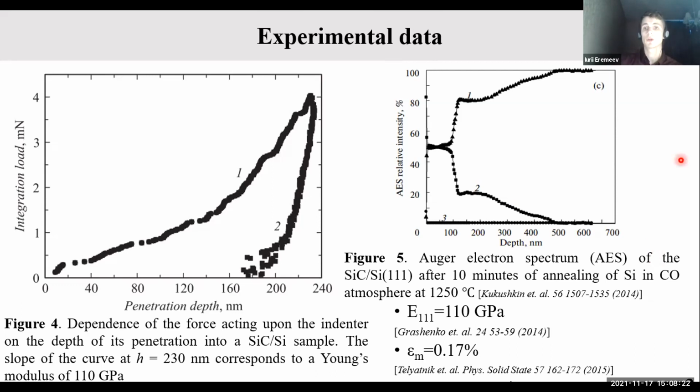We see the non-monotonic dependence of the signal, which means that SiC is grown on the porous surface with different thickness. Next, the residual mechanical strain in the SiC layer is low, about 0.17%. And the average porosity of the porous layer from the SEM images is about 30%.